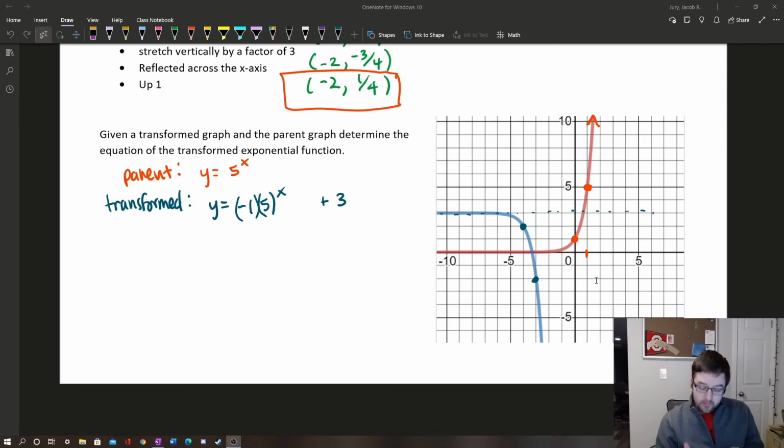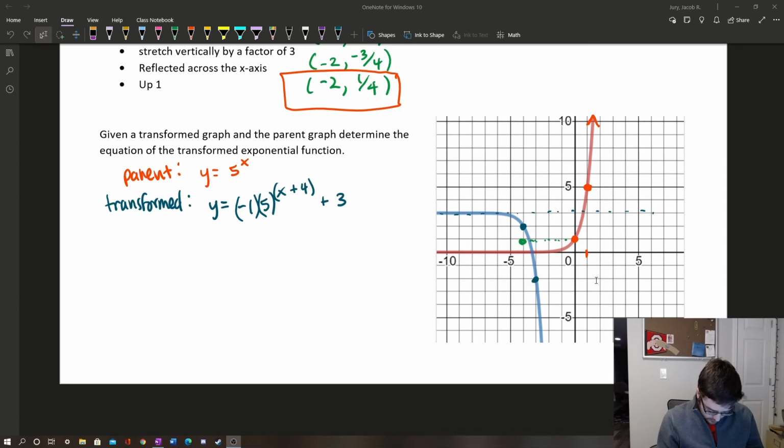But all my points were moved left 4. So this is going to be x plus 4. So if we were going to follow the order of operations again, I would move this point left 4. And then I would reflect it across the x-axis.